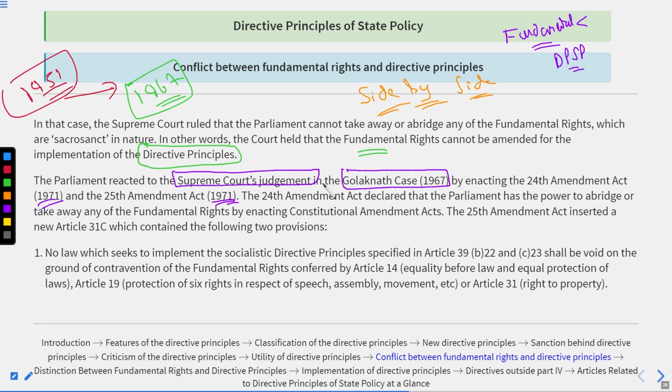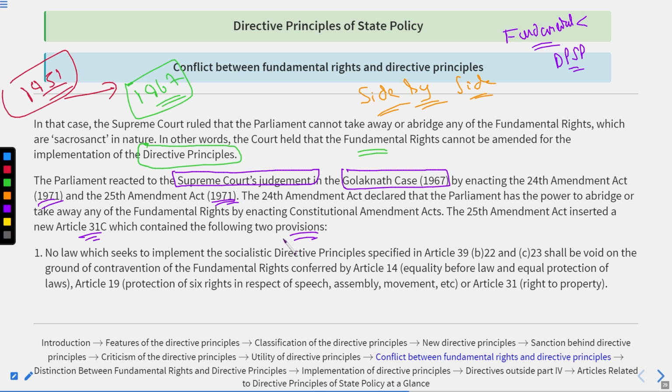That is important. The 24th Amendment Act declared that the Parliament has the power to abridge or take away any fundamental rights by enacting Constitutional Amendment Acts. And the 25th Act inserted a new Article 31C, which contained the following two provisions. So what happened?